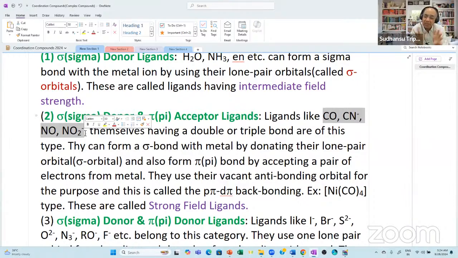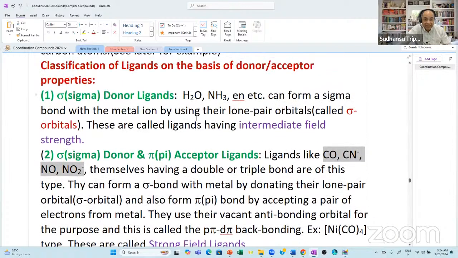Just remember the term strong field ligands. We shall be utilizing them in our theories of metal ligand bonding. And these only sigma donors, neither acceptor nor pi donors, are ligands having intermediate field strength.